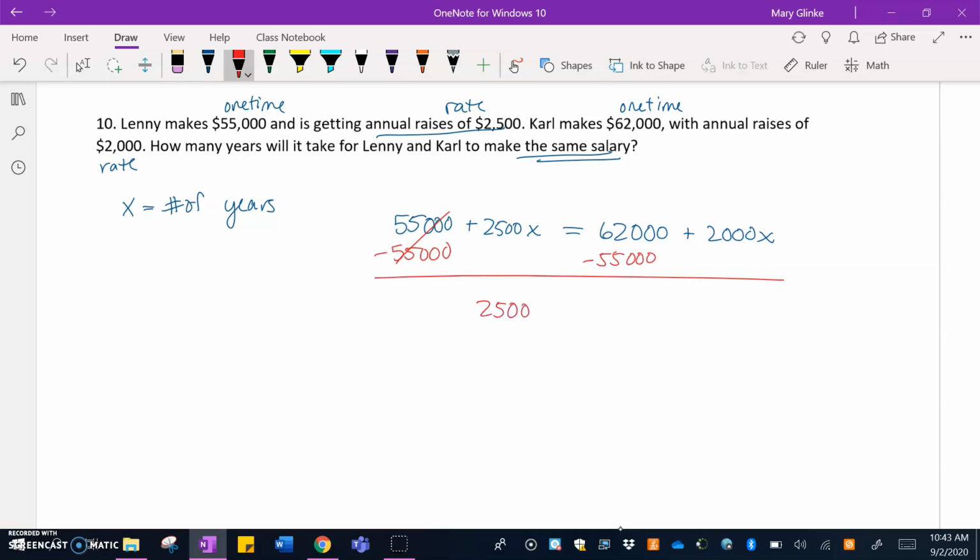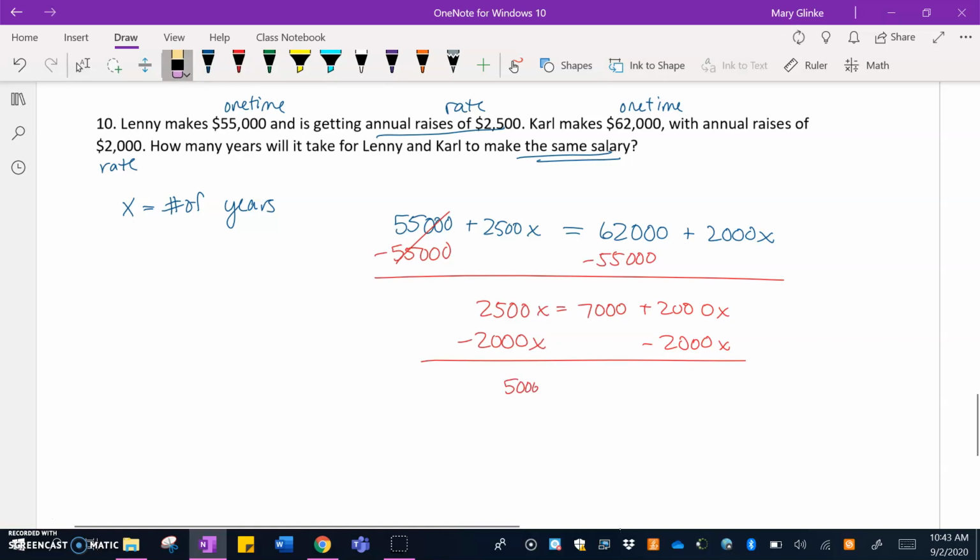We get 2,500x equals 7,000 plus 2,000x. We're going to subtract 2,000x. And we're going to get 500x equals 7,000. So when we divide by 500, we get x equals 14.